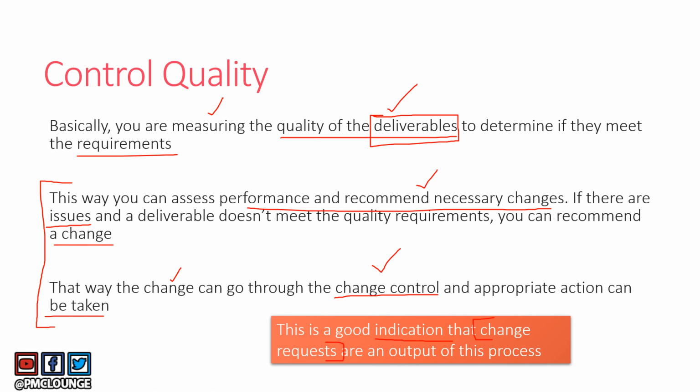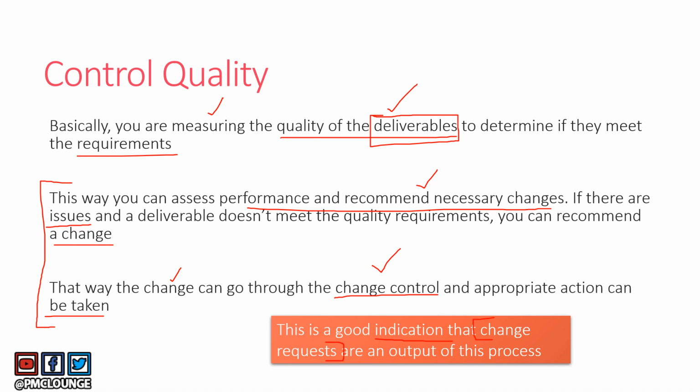And this is one of the reasons why we don't take up individual inputs, tools and techniques, and outputs of every process, because the PMP exam is not about learning and knowing the ITTOs, right? The PMP exam is about learning and knowing what processes do, what project management processes stand for, and how they interrelate, right?